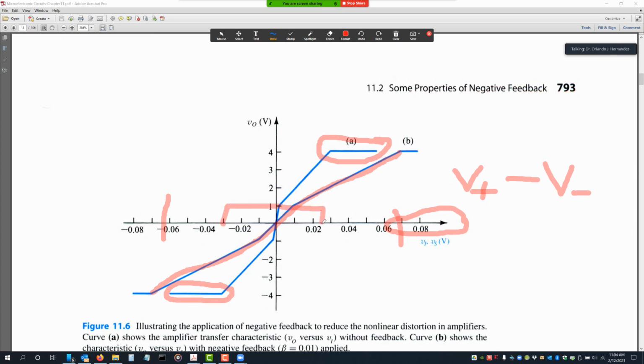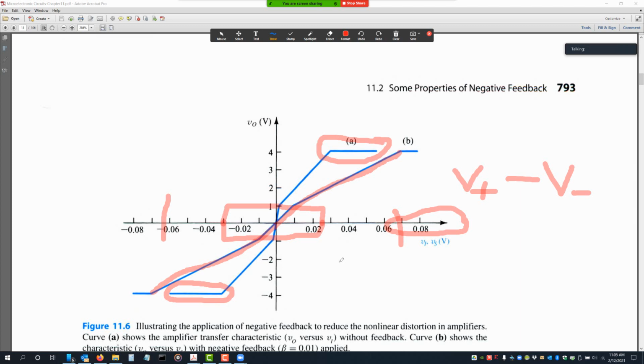And what does that mean then? Well, that means that if the inputs are very close to each other and the difference is very small, that's what we call the virtual short of the inputs for the op-amp. That's what it comes from, that characteristic. So feedback allows us to increase that input dynamic range, which in turn is the same thing as reducing the nonlinear distortion.